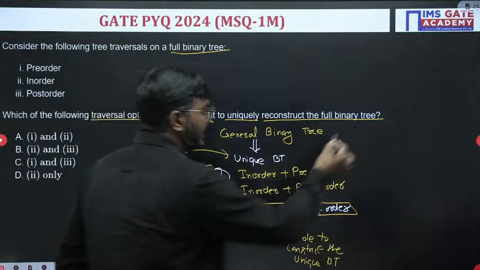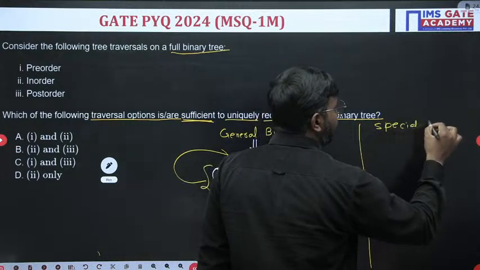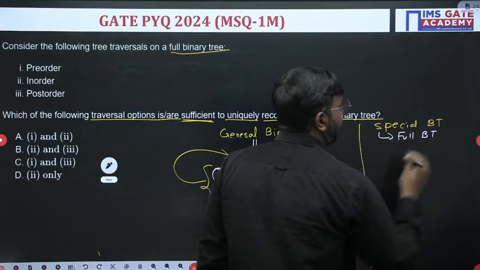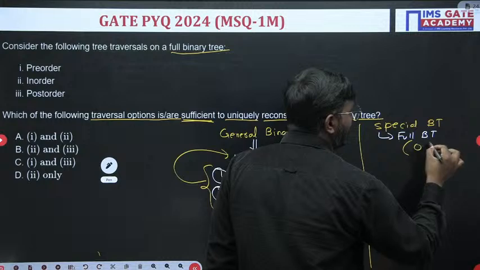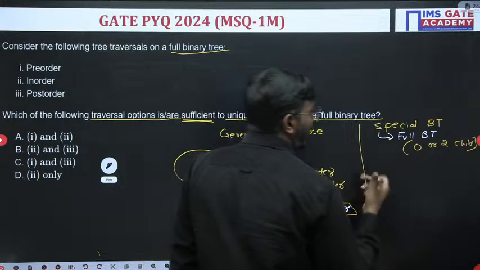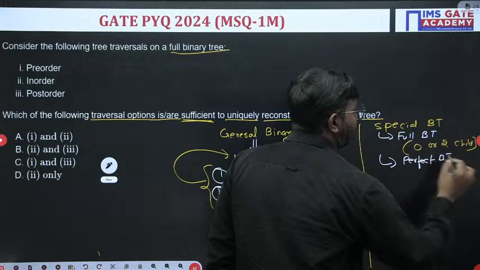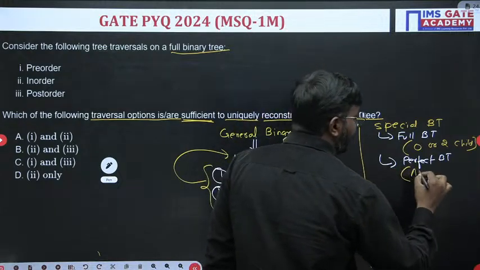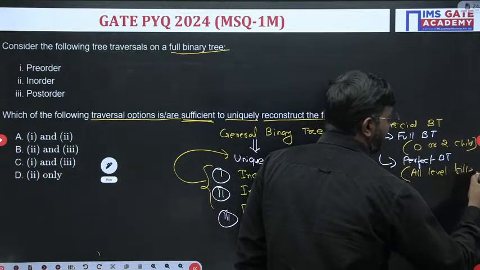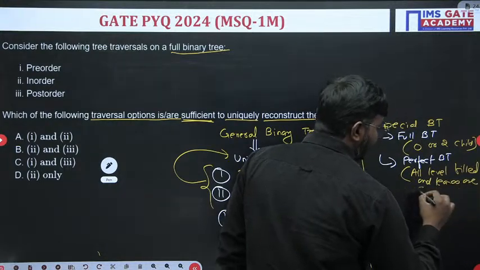But if a special binary tree is given, special means a full binary tree, where every node has either 0 or 2 children, or a perfect binary tree. Perfect binary tree means all levels are completely filled and the leaves are at the same level.